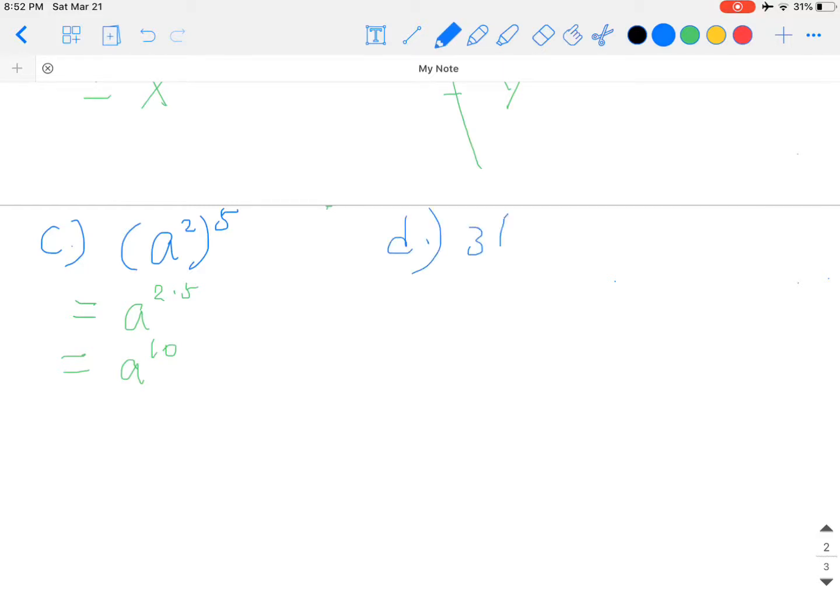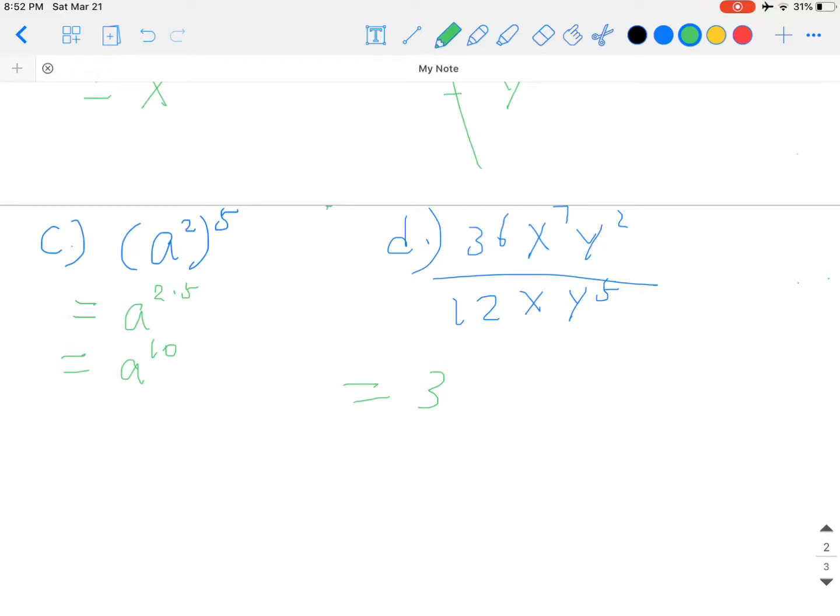How about trying something more complicated? 36 x to the 7 y squared over 12 x y to the 5. First of all, we have to simplify the numbers. 36 divided by 12 is 3. And then x to the 7 divided by x.